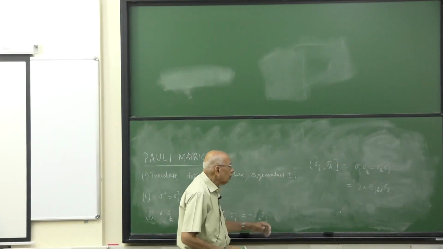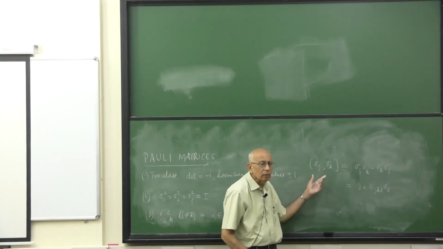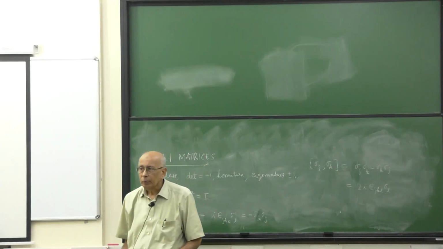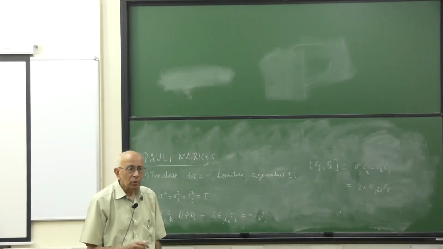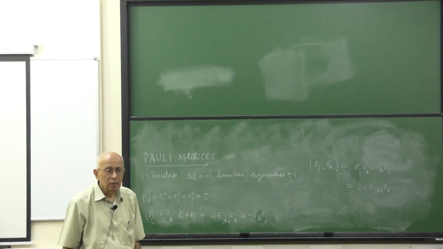You just have to use this. That includes what happens if j equal to k. If j equal to k, this vanishes, and the commutator also vanishes. This is why when you multiply both sides by h cross over 2, you get a representation for spin half.